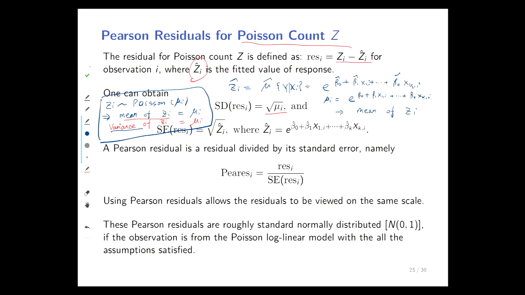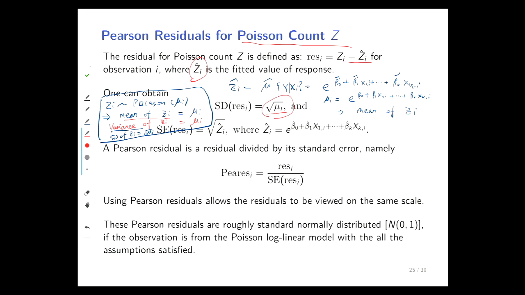I think this is the only distribution we have where the mean equals the variance. Because the mean equals the variance, the standard deviation of zi equals the square root of mu i. Similarly, the standard deviation of the residual here is also the square root of mu i.